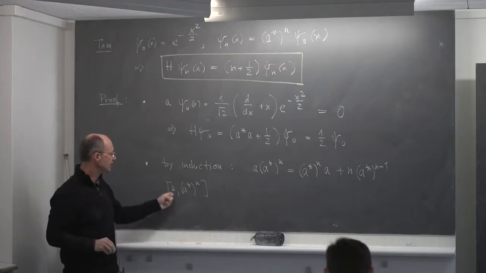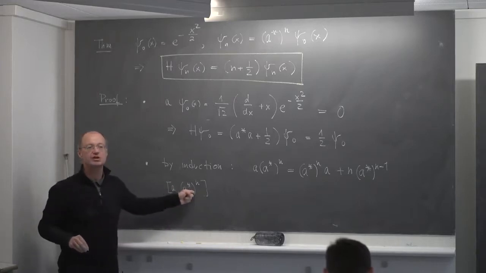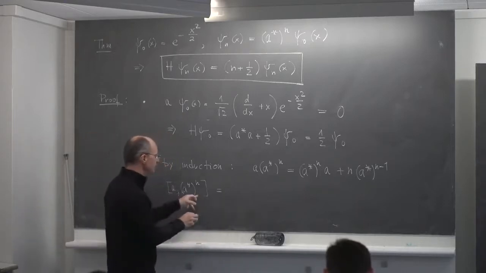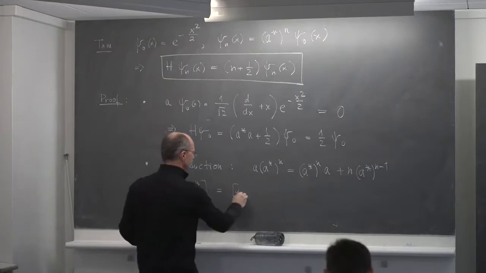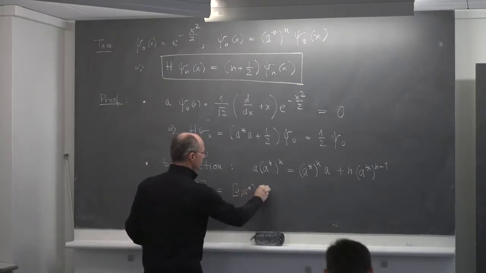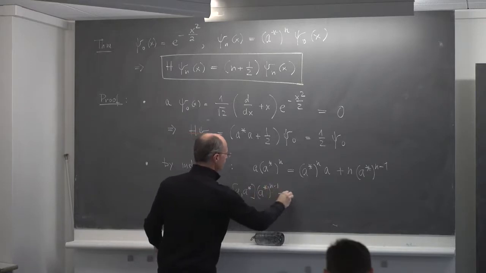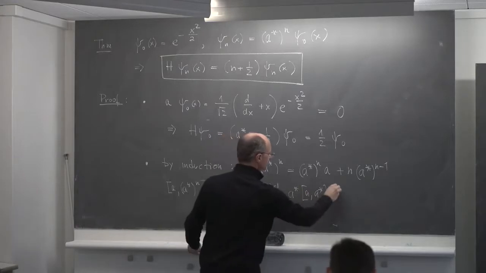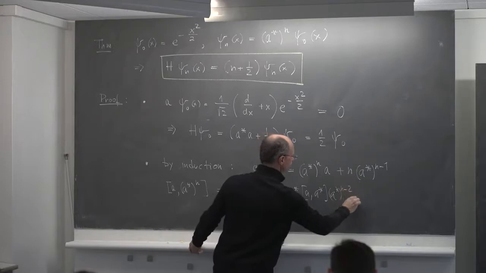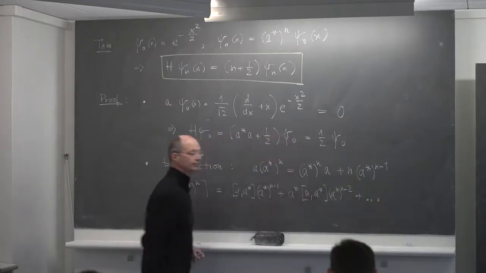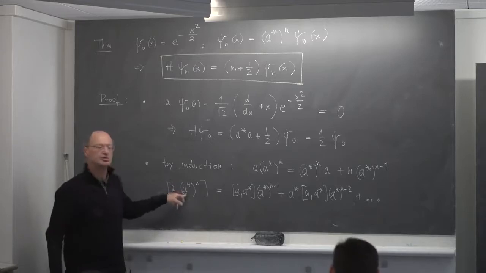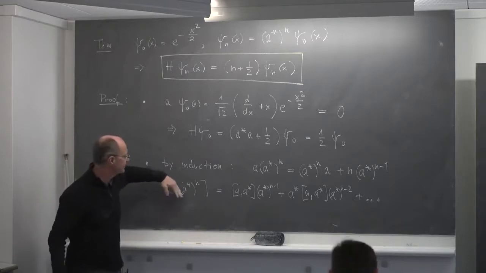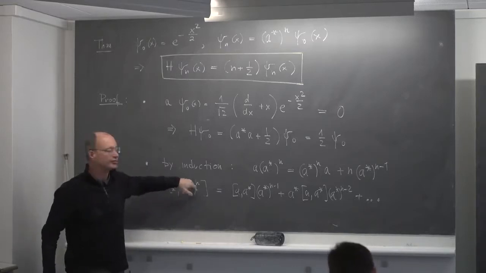But now notice that the commutator is a differentiation in our algebra. So what does it mean? This means that it is equal to the commutator with a star, times a star to the power n minus 1, plus a star times the commutator with a star, times a star to the power n minus 2, and so on, right? So you take a commutator with each of those terms separately, and the terms which were before it you put on the left, and the terms which were to the right of it you put on the right.